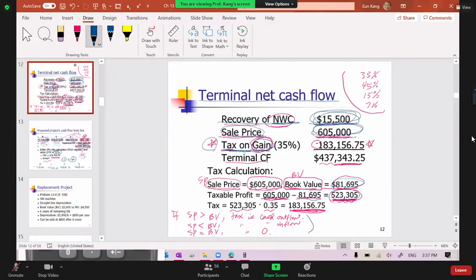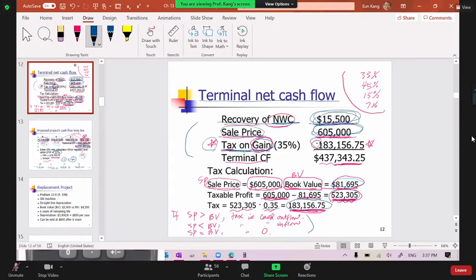That's a profit from sales. When there is profit, there is tax. So you multiply by the tax rate, and you pay that tax as a negative. That's also related to the terminal year. You pay tax because you sold the machine, and you sold the machine because you finished the project. That's why we call it terminal net cash flow.